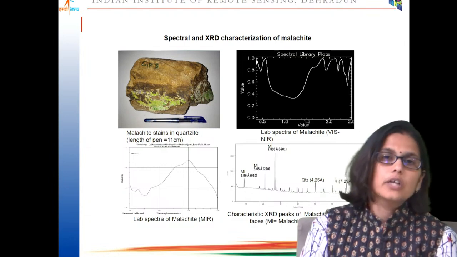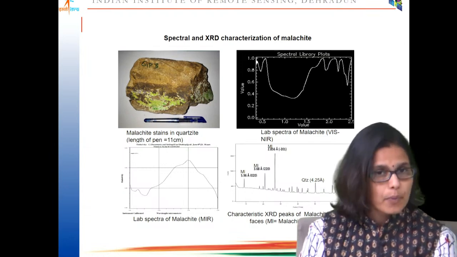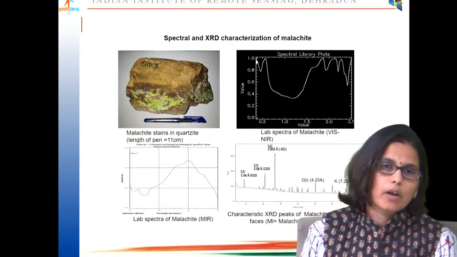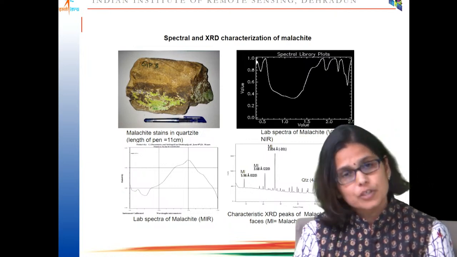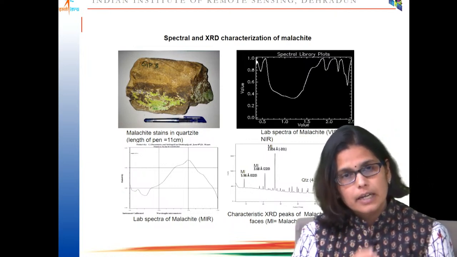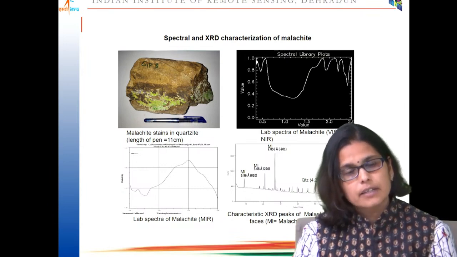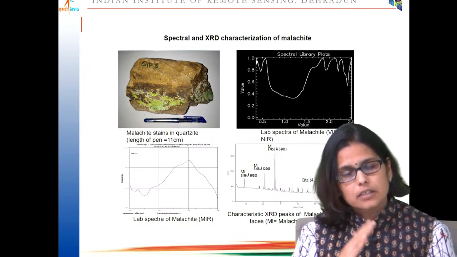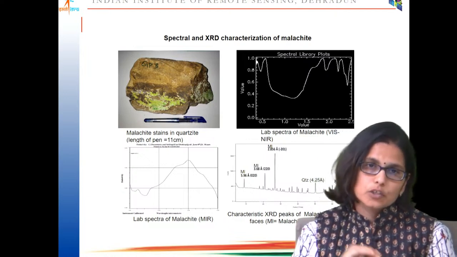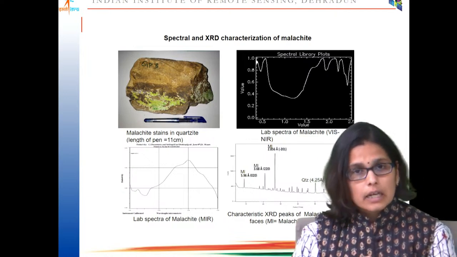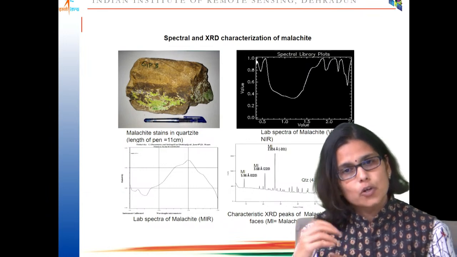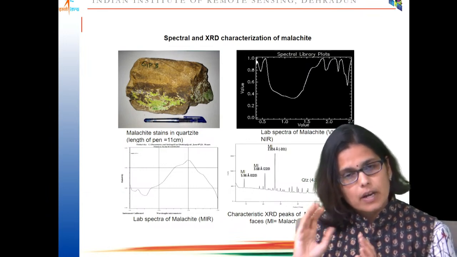So like this, for each and every area, each and every sample whose spectral library is to be generated, we are collecting the information from the ground. We collect the spectra at the ground, and then we bring some part of the sample to the lab and collect the spectra at the lab.